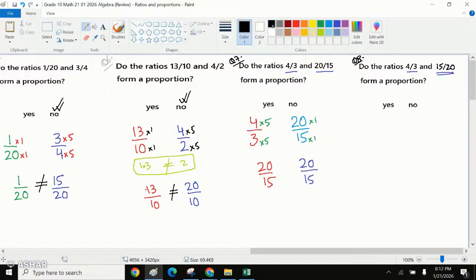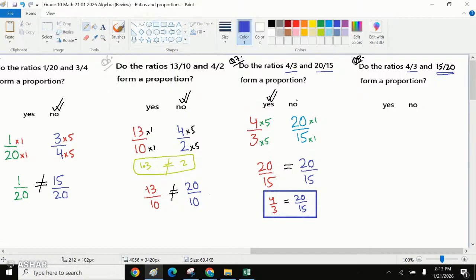Since both the fractions have the same value, we say yes, they do have a proportion, right? So we can say 4 upon 3 is equal to 20 upon 15, right? This is the statement that we can say, yes, they have a proportion.